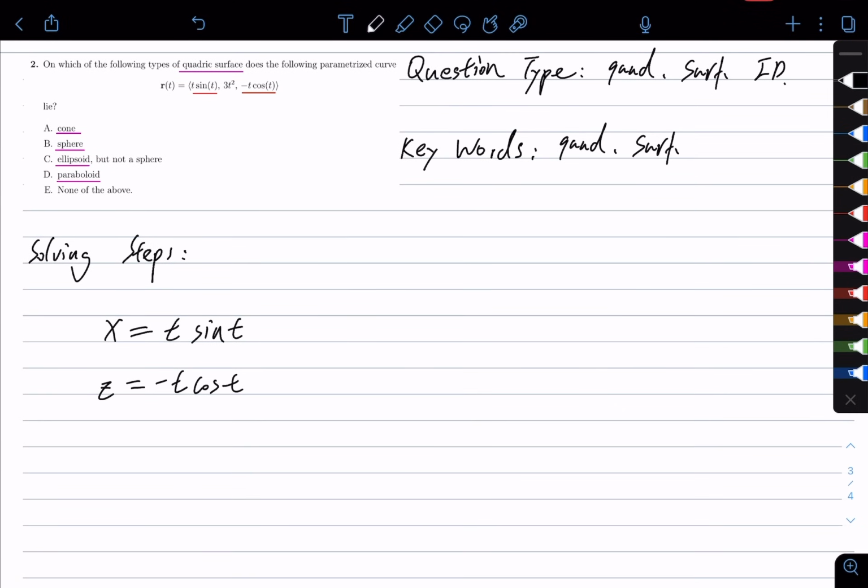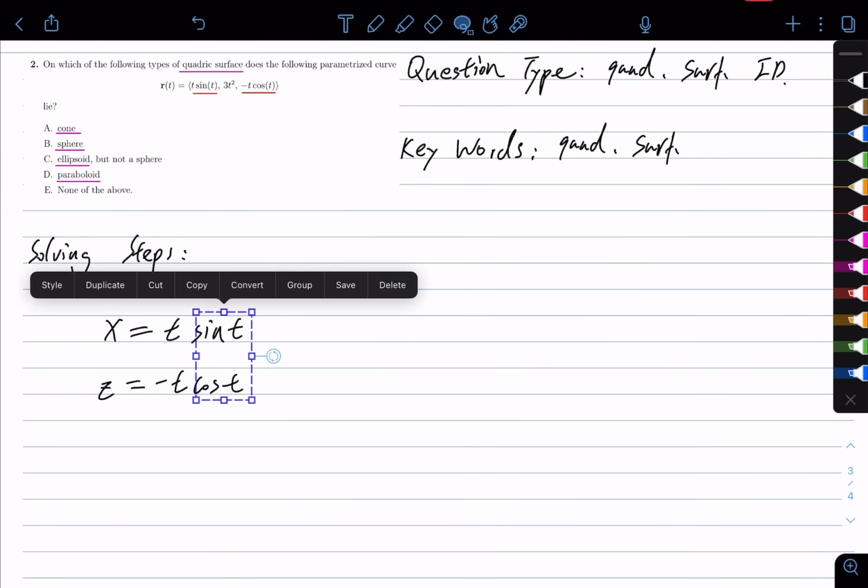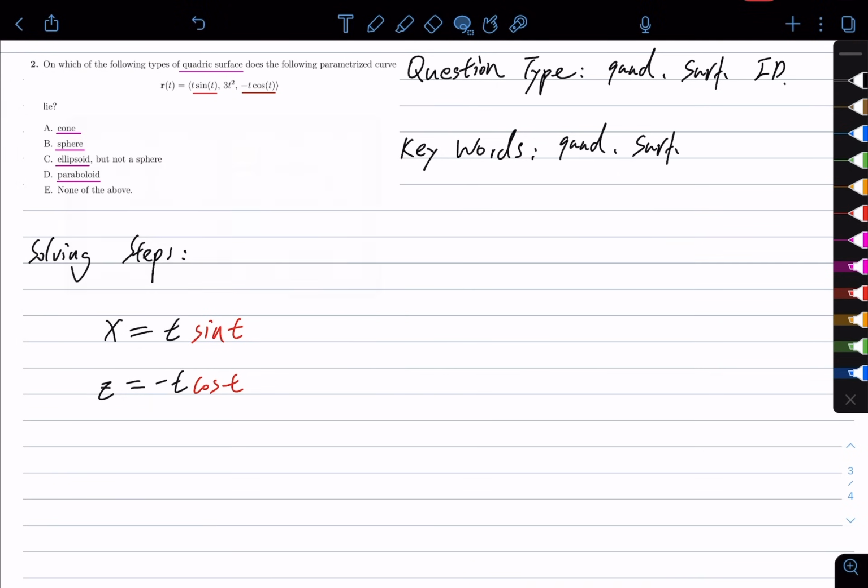Okay, so let's go ahead and examine the sine and cosine first. If you see two components with sine and cosine, that immediately tells you this has something to do with a circle.